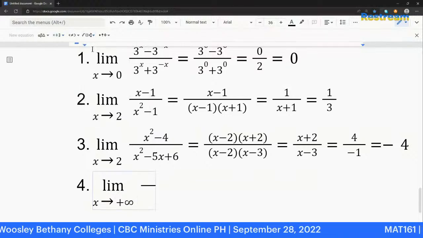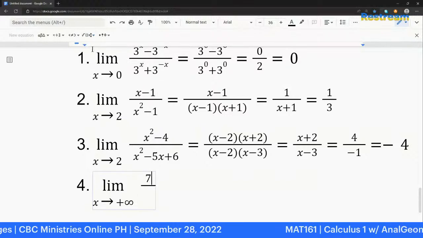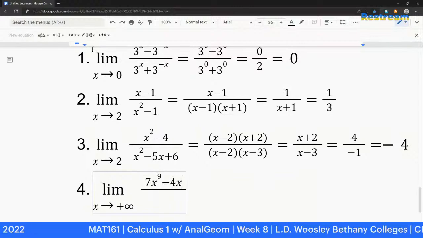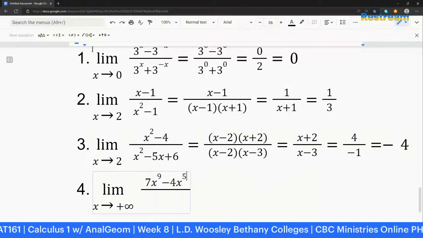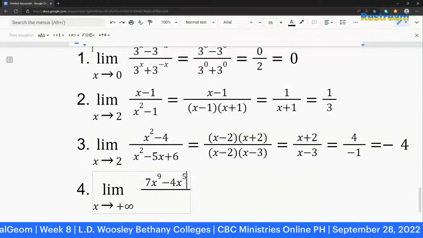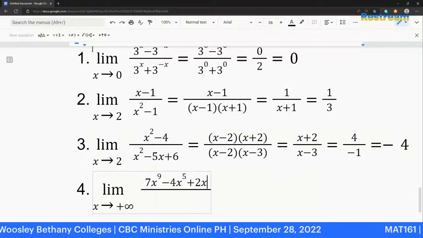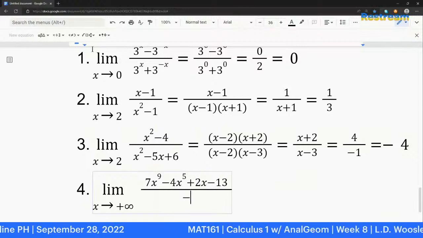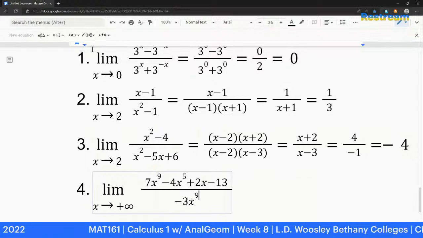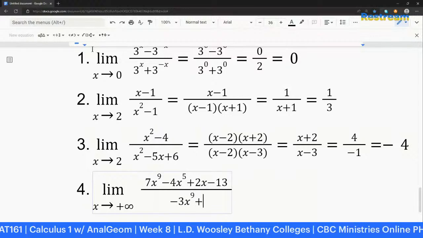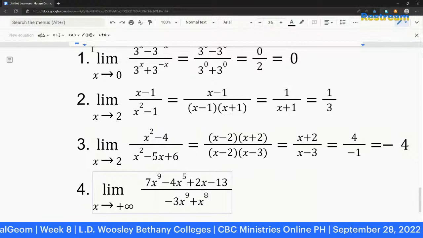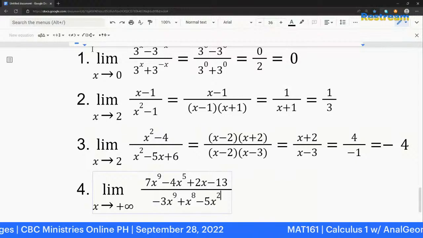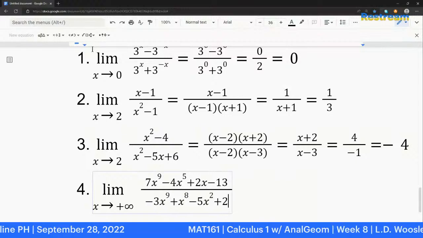Okay, ang laman ay ito, 7x raised to 9 minus 4x raised to 5 plus 2x minus 13 all over negative 3x raised to 9 plus 8x raised to 8 minus 5x squared plus 2x.